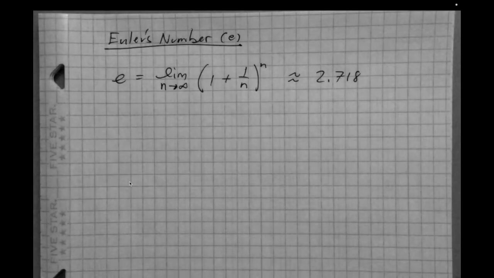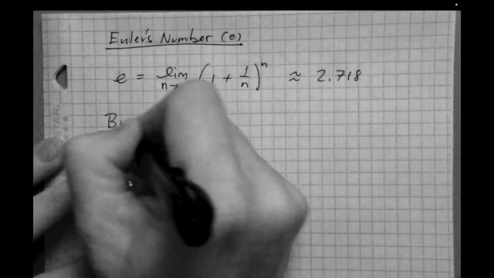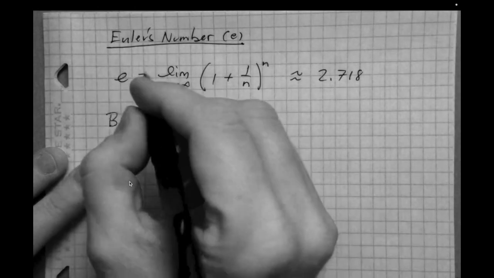Okay, we won't necessarily get all the way to the finish line of how to show that the limit exists, but we can show that there must be one. Okay, so similar to the previous section, we're going to start by looking at the binomial theorem.